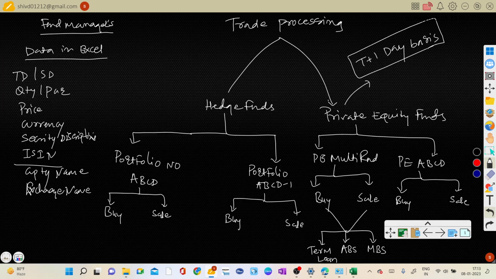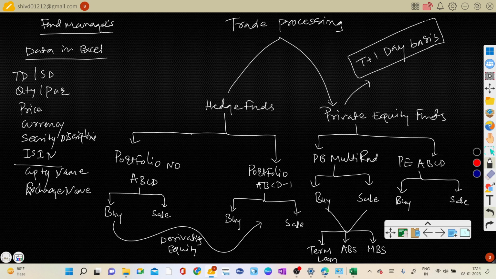Any doubt, any question so far? And here, most of the instruments would be derivatives, equity, and similar kind of loans, ABS, MBS, mixed instruments, apart from derivatives and equity, right?